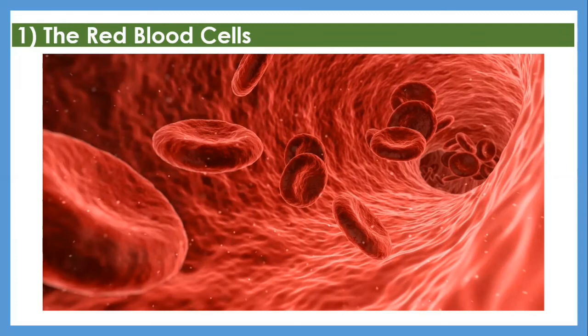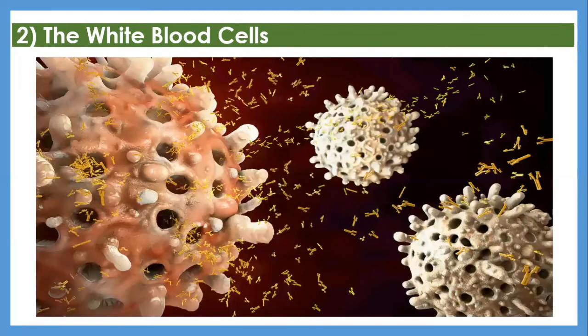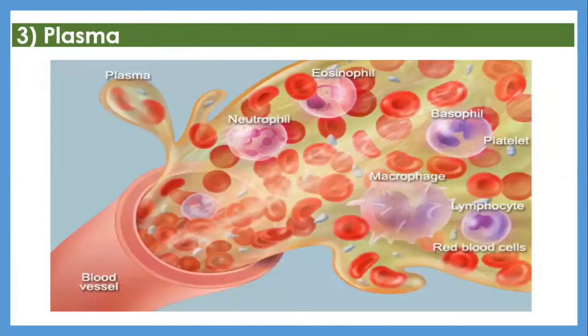And this is an example of white blood cells. Like I said earlier, these white blood cells are responsible for fighting infections. And finally, we have plasma. And plasma consists of 90% water and 10% solutes, or food, proteins, and salts.